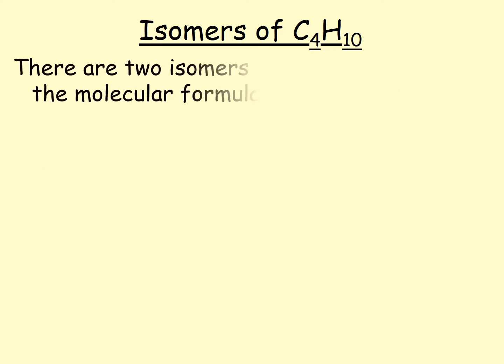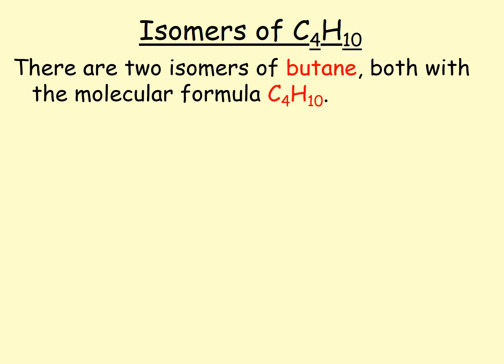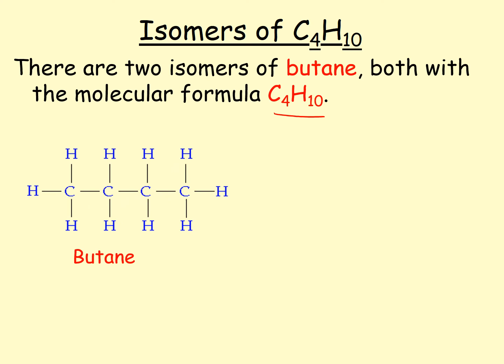If we look at butane, there are two isomers here as well. It's a bit less clear where these come from because butane contains only carbon-carbon single bonds. Butane is our simplest isomer: all four carbons in a line, and all hydrogens are joined.